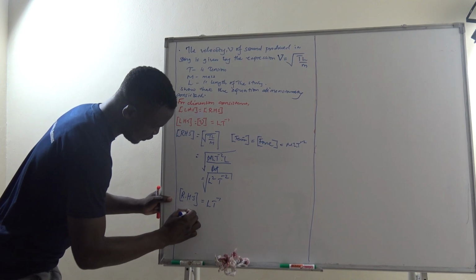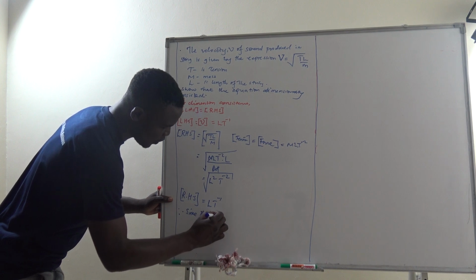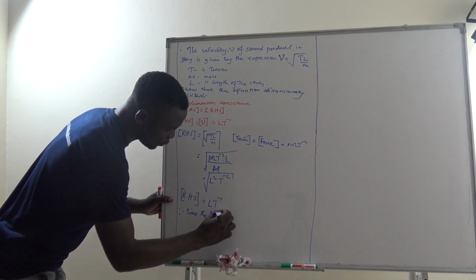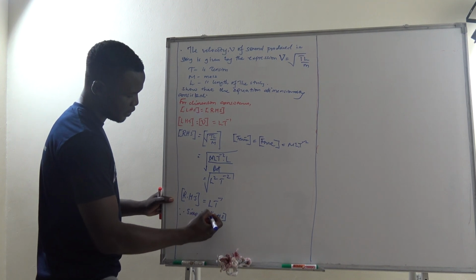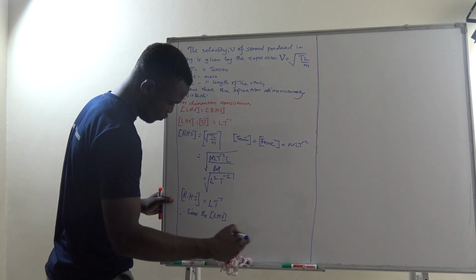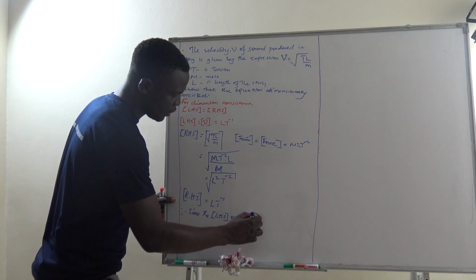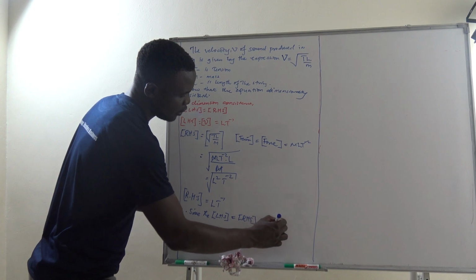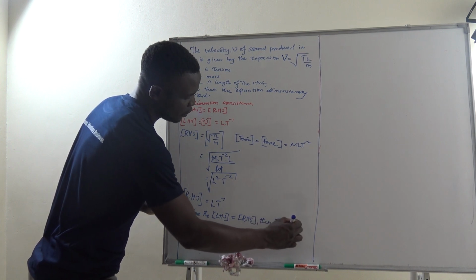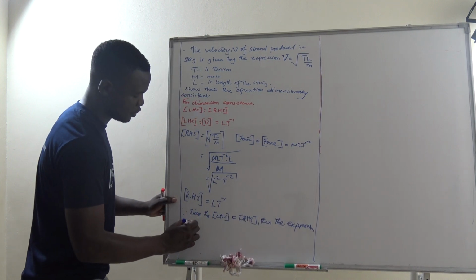Now please, when you're answering, don't use short form. You say, since the dimensions of the left-hand side are equal to the dimensions of the right-hand side, then the equation or the expression is dimensionally consistent.